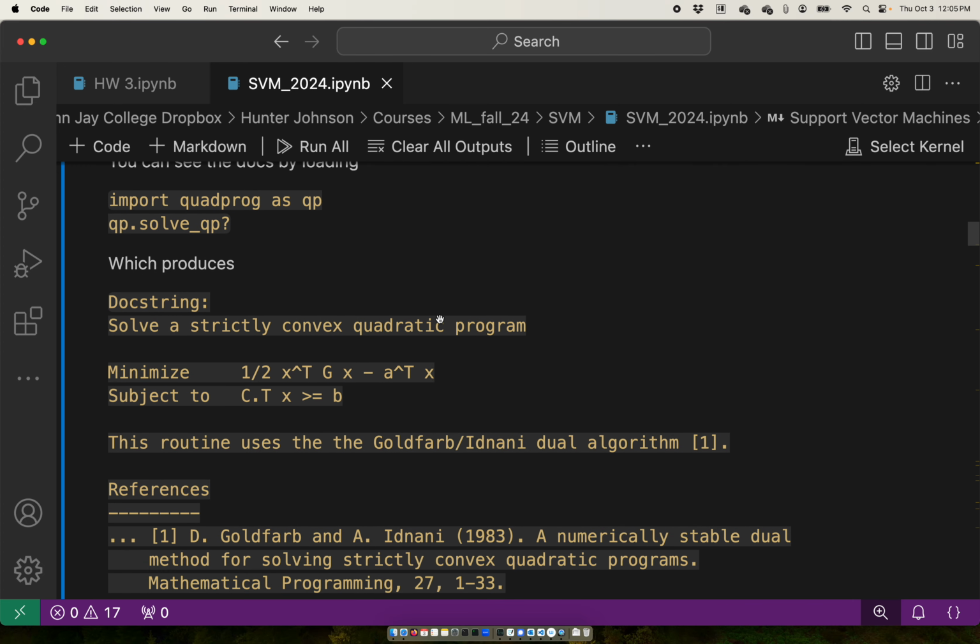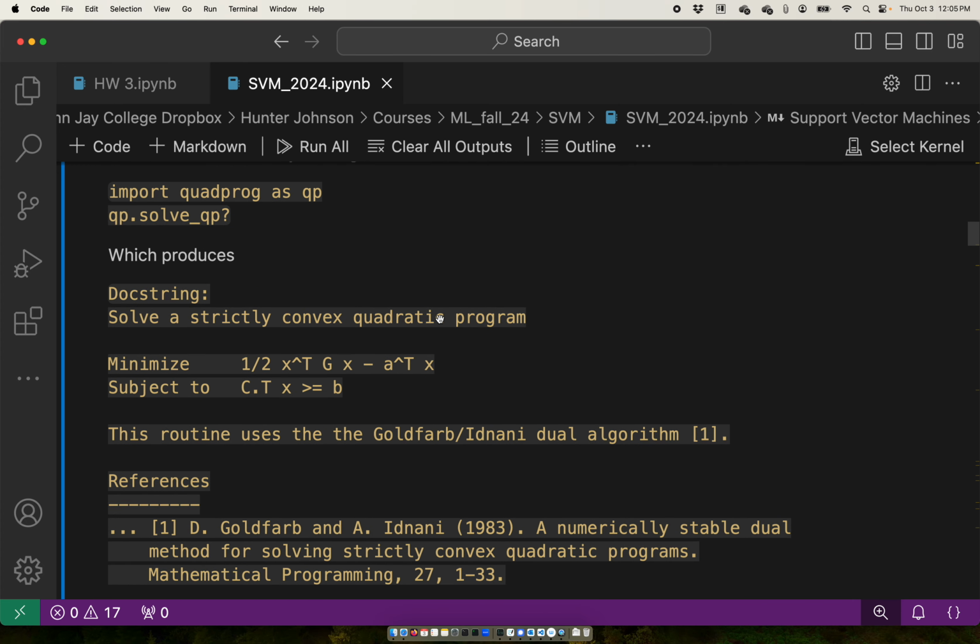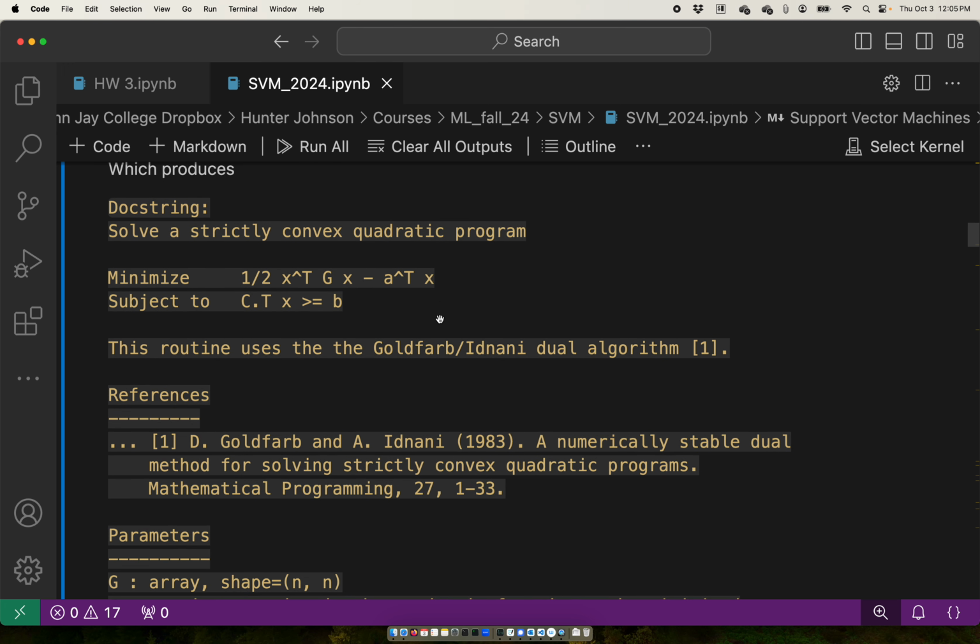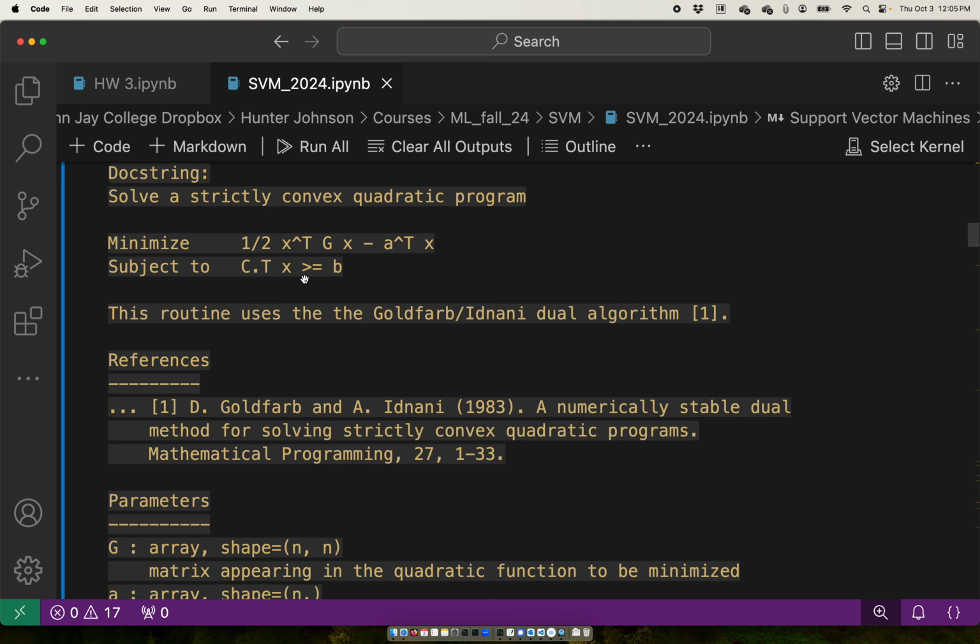Great. And so now this just describes the documentation for the quadprog library. Of course, it would be wonderful if quadprog just by default used exactly the same notation that we use, but unfortunately it does not. It uses x as the variables. So it's saying x here where we would say w. So that's a little bit different. And where we would say the matrix A, it says the matrix C transpose.